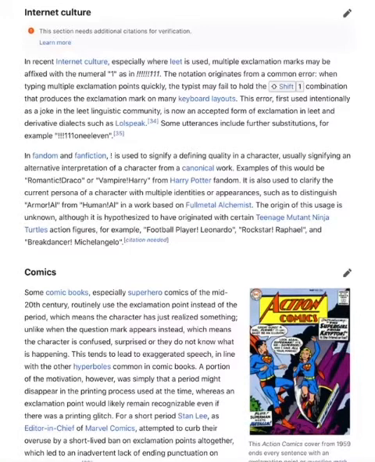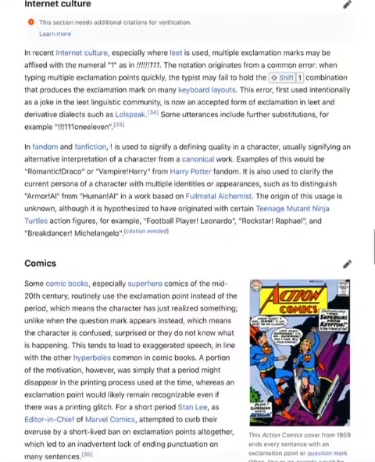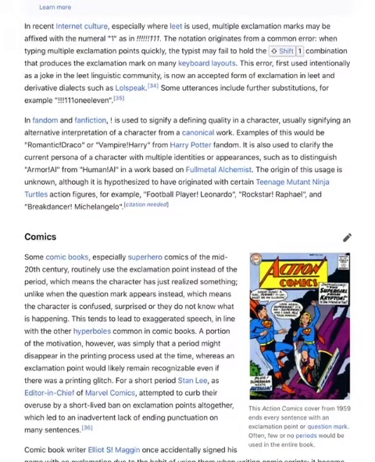The typist may fail to hold the Shift-1 combination that produces the exclamation mark on many keyboard layouts. This error, first used intentionally as a joke in the leet linguistic community, is now an accepted form of exclamation in leet and derivative dialects such as LOLspeak.